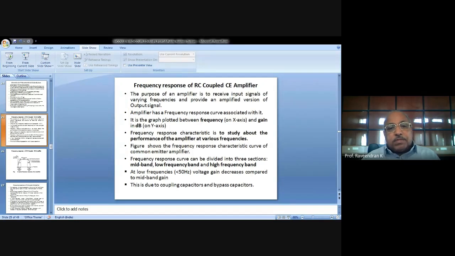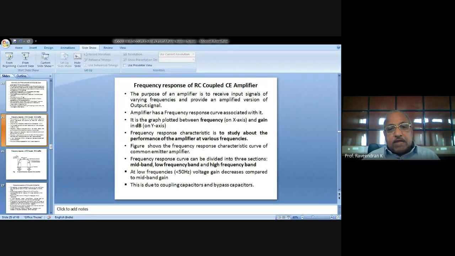The mid frequency region is the region in which the gain of the amplifier will be almost constant. See this curve, which is flattened and parallel to the x-axis. So here the gain is almost constant. This is the gain axis, voltage gain AV, and this is the frequency. Between the low frequency and high frequency regions, the gain of the amplifier is almost constant over the mid frequency region.